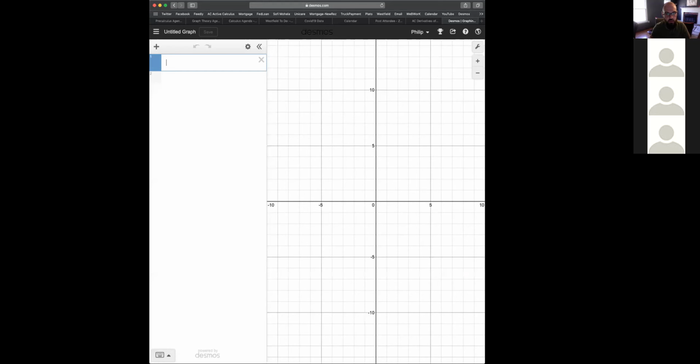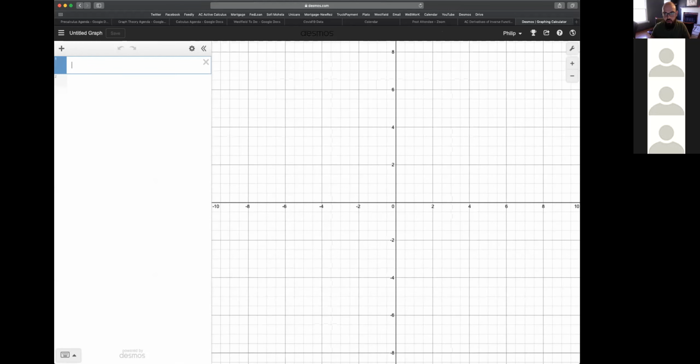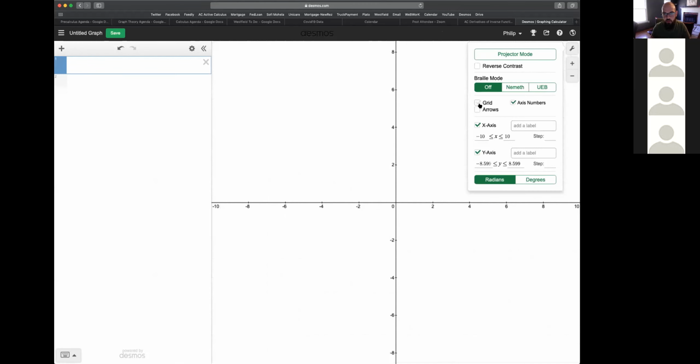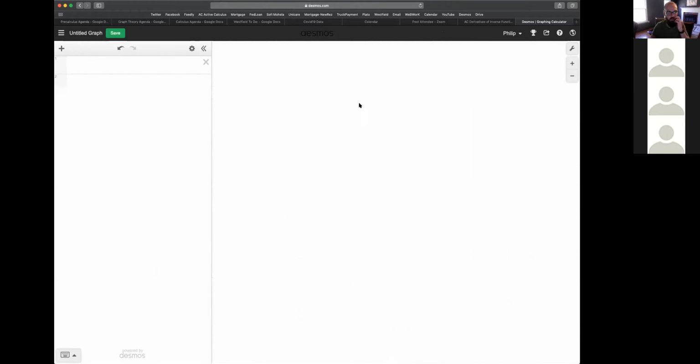I'll bring up a Desmos share so we can try out something like this. I'm going to go ahead and click off our grid. Since I'm controlling this, I can typeset over here, and then if you all want, you can annotate over in this area.